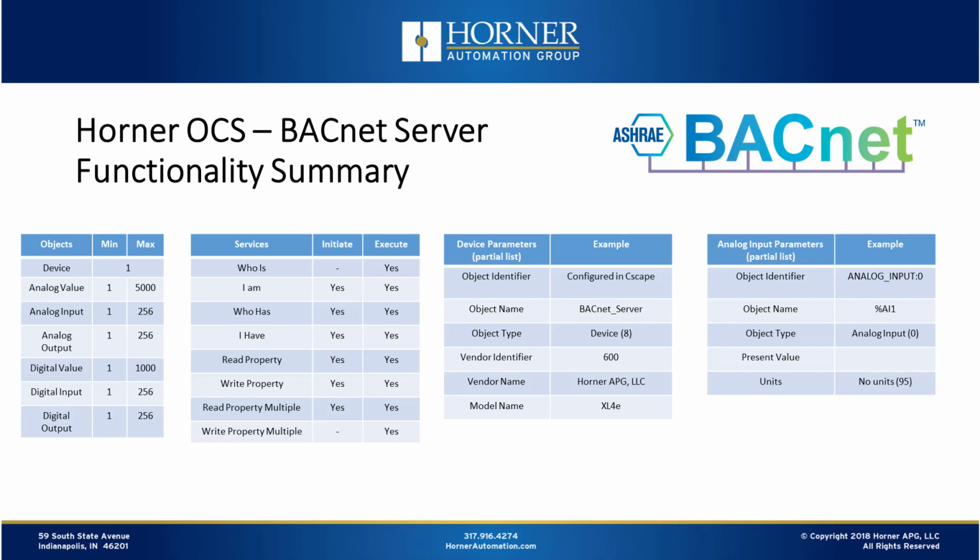And then in the last chart we show the highlights of some of the IO object parameters, where you can see things like present value, for instance. Okay, so hopefully that summarizes relatively well the different elements available with our products and BACnet.